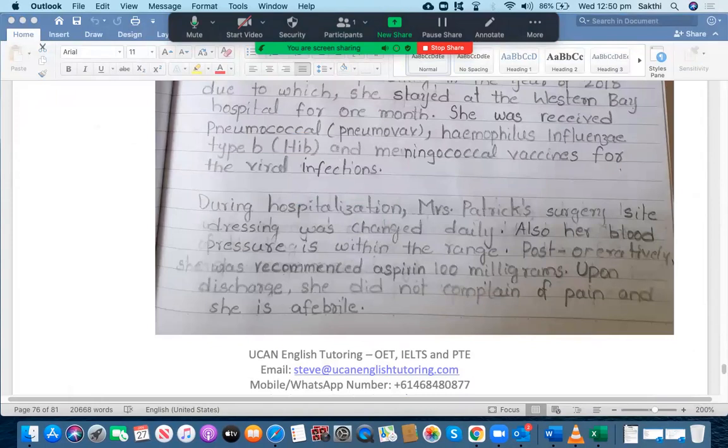Post operatively, that's a good thing, and she placed a comma. She was recommenced on aspirin. Now she needs to, no, this is wrong. Aspirin 100 milligrams. So she must have mentioned either post-operatively aspirin 100 milligrams was recommenced. That should be the best way.